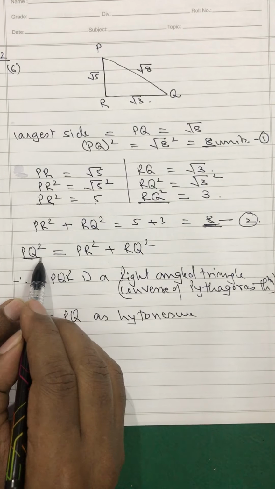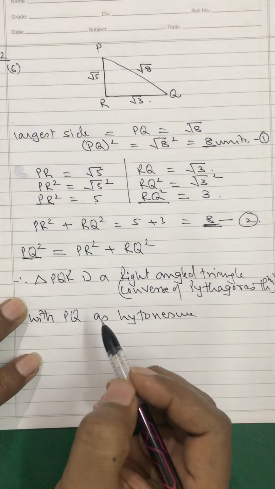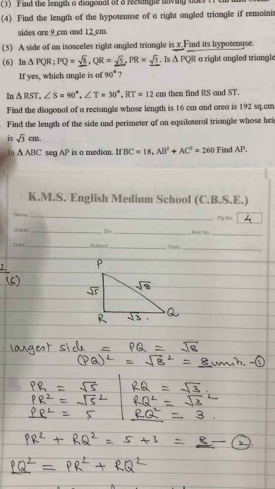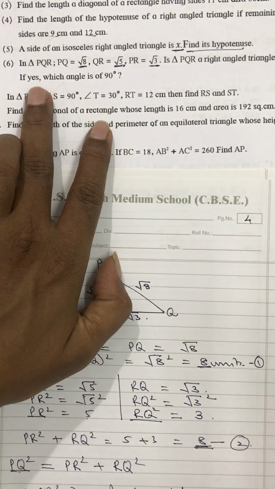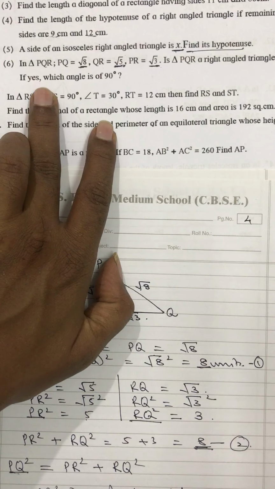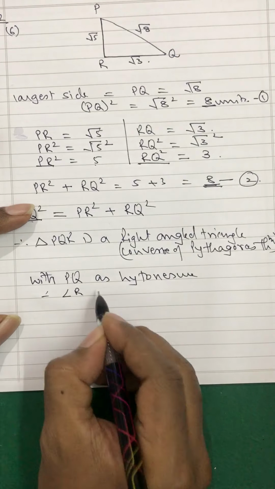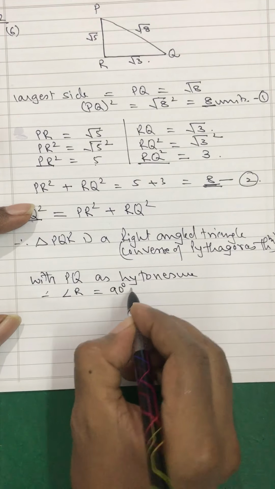That is the largest side, that is the hypotenuse. So the angle opposite to PQ will be angle R. Therefore, what are they asking you first of all? Which angle is of 90 degree? They are asking you this. Therefore, angle R is equal to 90 degree.